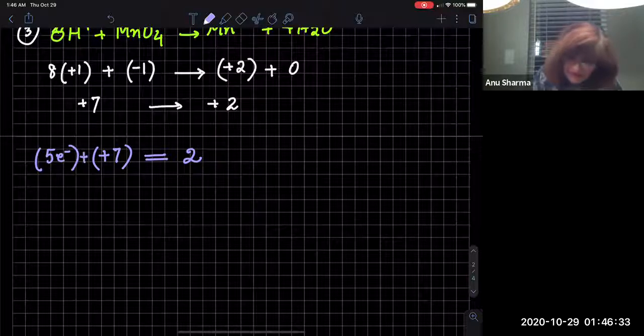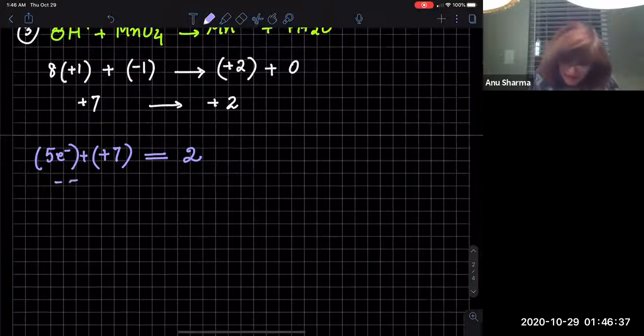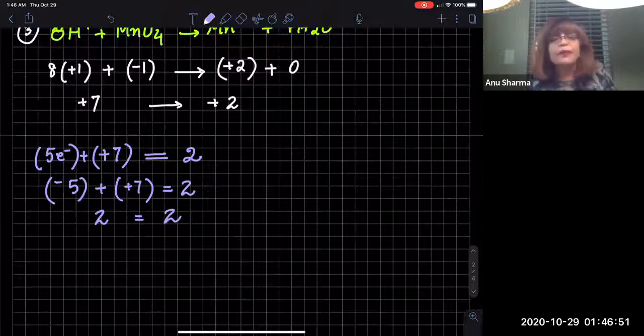So in other words, minus 5 plus 7 is equal to 2, or 7 minus 5 is equal to 2. So 2 here and 2 here. This is how you balance the positive and the negative charges.